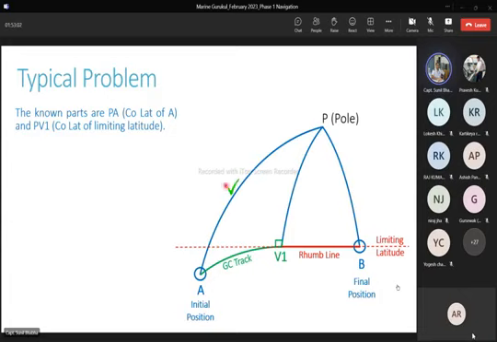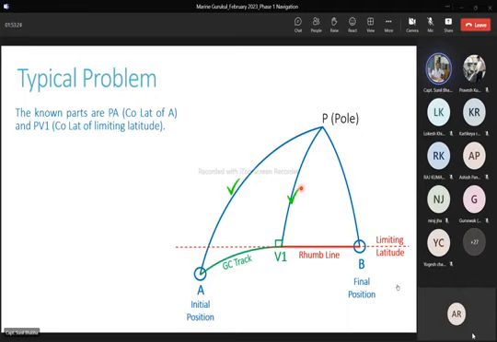The first part which is known to us is the PA side. PA side is the colat of our starting position A, 90 minus latitude of A. The second part which is known to us in this triangle is side PV1.